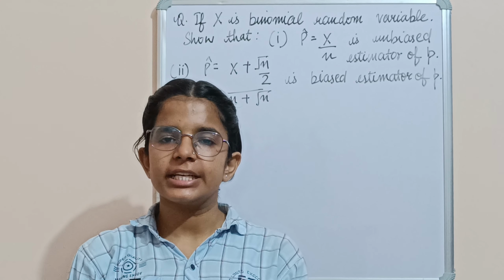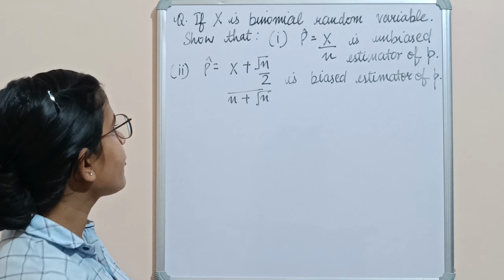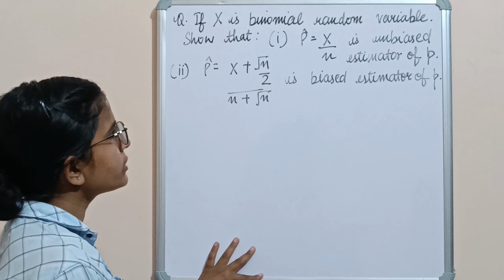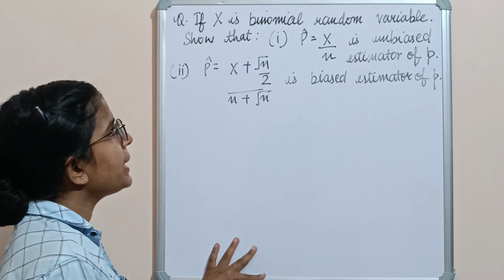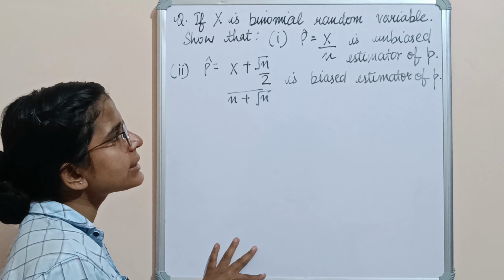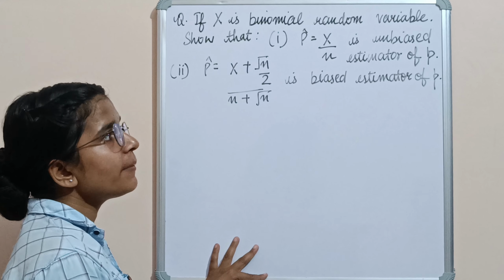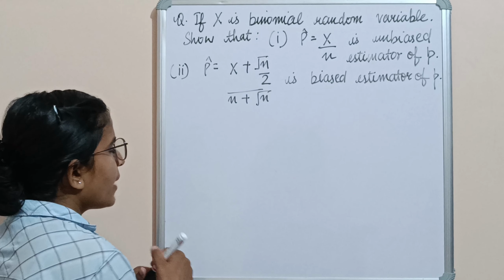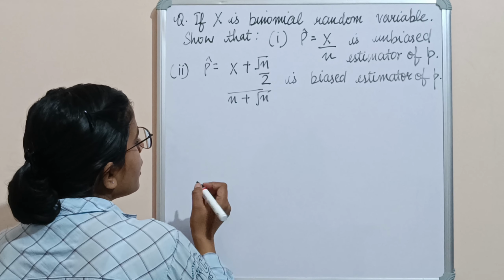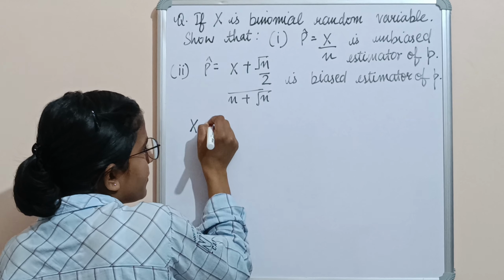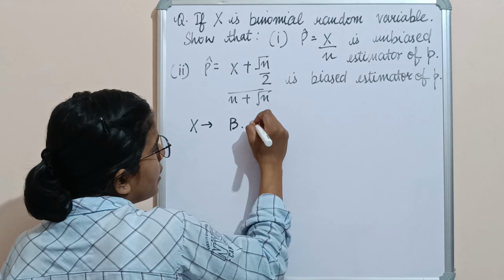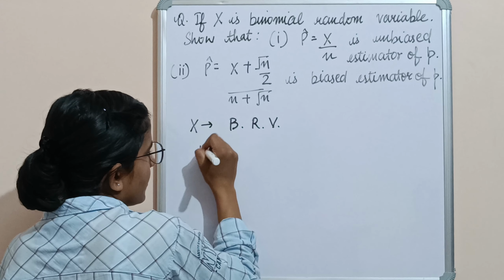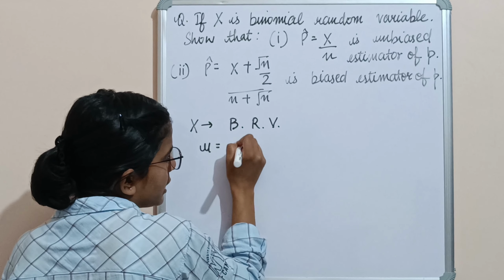Our next question is, if X is a binomial random variable, show that first, p cap equals X by n is an unbiased estimator of p. So for the first part, first of all, we know that if X is a binomial random variable, then mu will be equal to np.